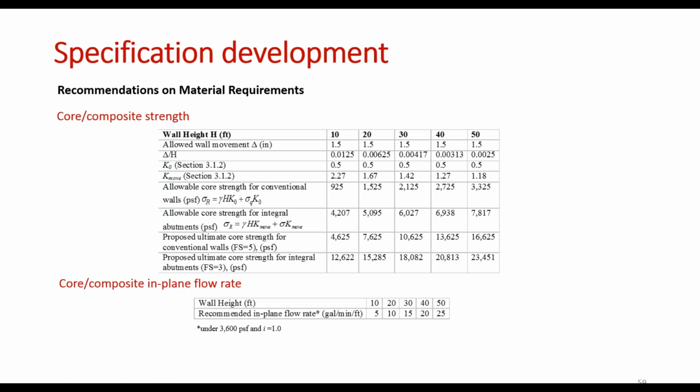So we calculated the K, which is the coefficient of lateral earth pressure, and we differentiated different types of walls. For conventional walls, you can use a smaller coefficient, but for integral and semi-integral walls and abutments, you may need a larger K, based on that correlation that I introduced earlier.